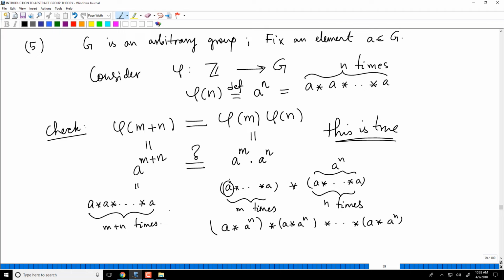So this is an exercise for you to check. Check this as an exercise.